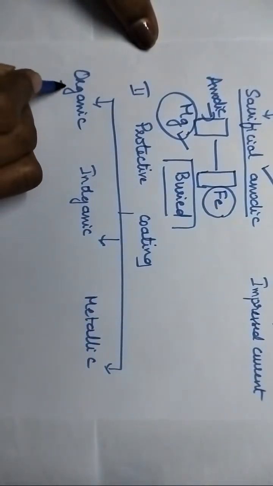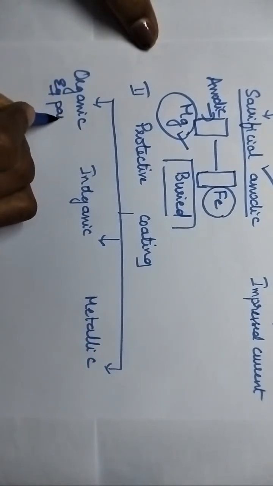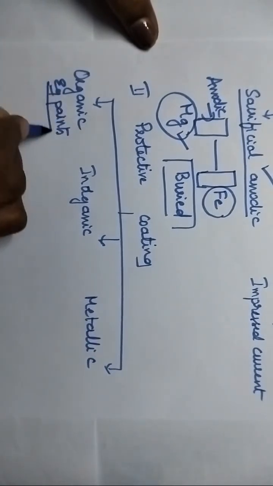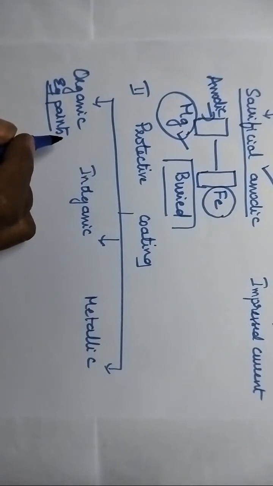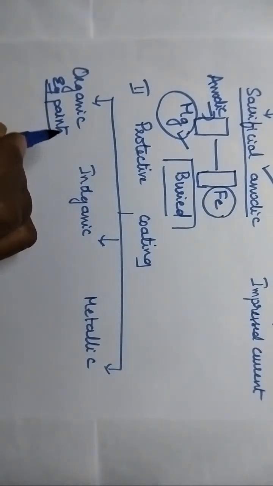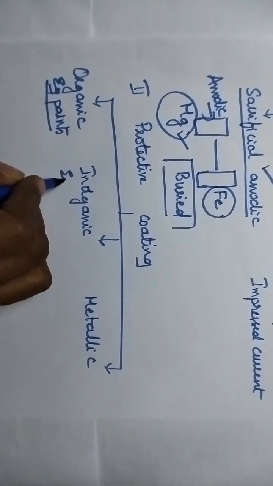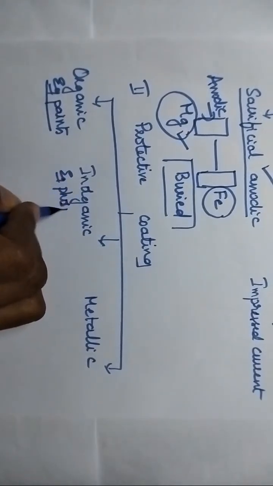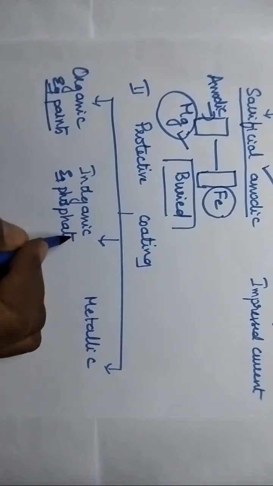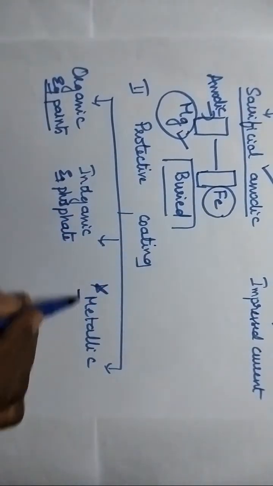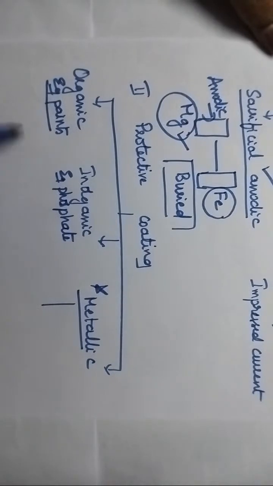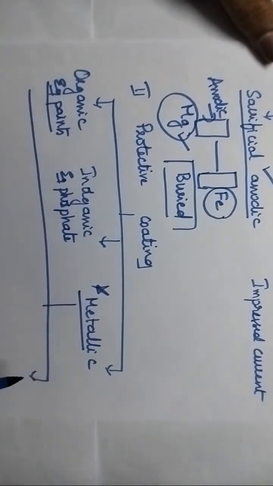Organic coatings include paint, varnish, enamels, etc. They not only provide corrosion protection but they give a decorative look to the article. Coming to the inorganic coatings, they include phosphate coating and chromate coating.